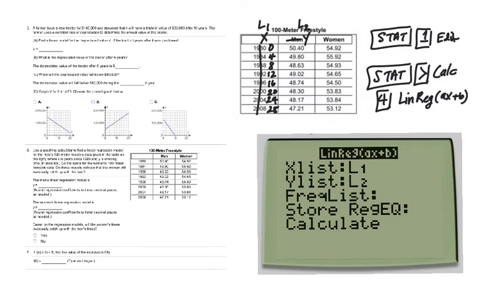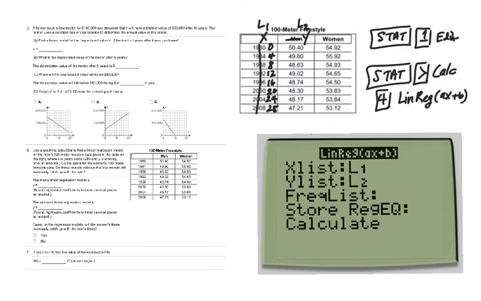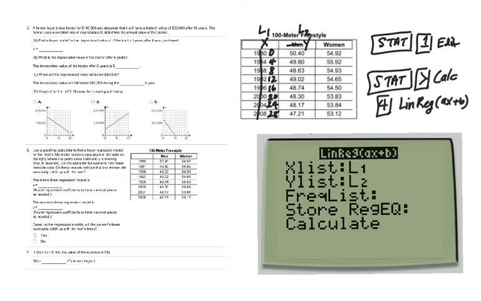But right before you see the table, when you choose 4 in linear regression, you'll see linear regression in your calculator, AX plus B. You'll have to enter there first. Sorry, I forgot to include that step. And so you'll see this screen here, linear regression, AX plus B. Then you want to go all the way down to calculate and hit enter. And once you do that, you'll see this next screen.